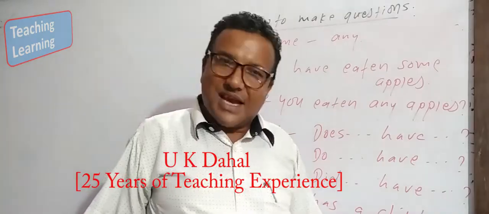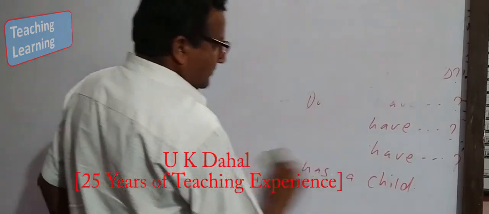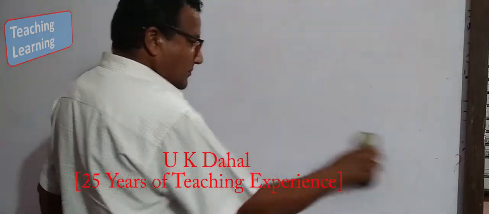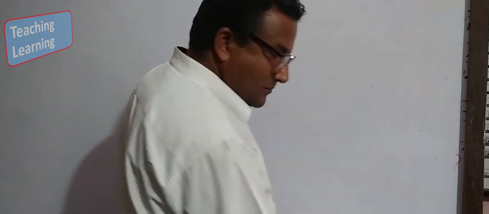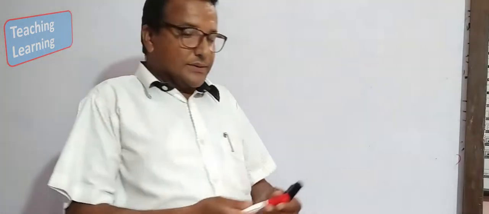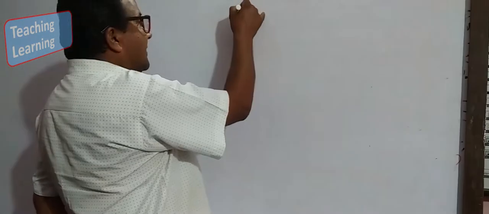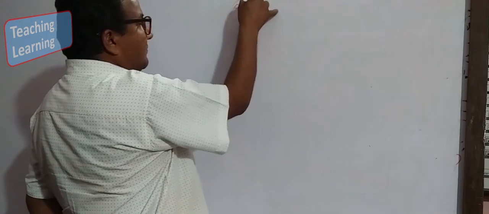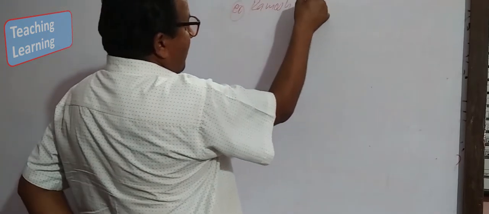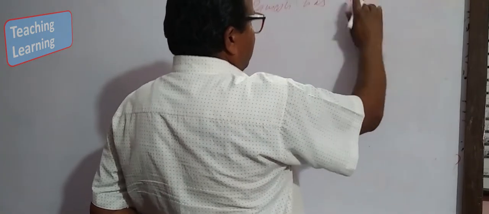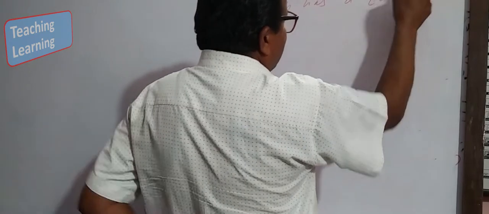Suppose that Ramesh has a child. Look at rule number 7. Example: Ramesh has a child.